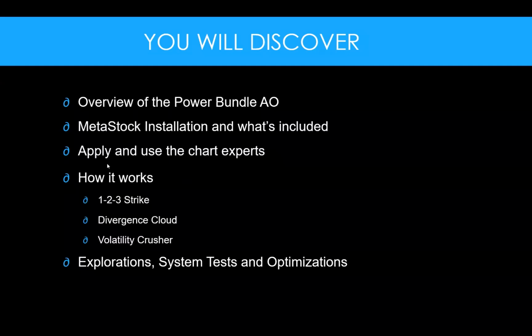I will then deep dive into every single indicator and explain to you what all the different parameters of the indicators do, because it's very important to understand those to fine-tune these parameters. And then we're going to look into some MetaStock specific aspects, such as how to run scans/explorations, how to run system tests and optimizations in MetaStock. All right, so let's get started with an overview of what the Powerbundle AO is in its latest generation.